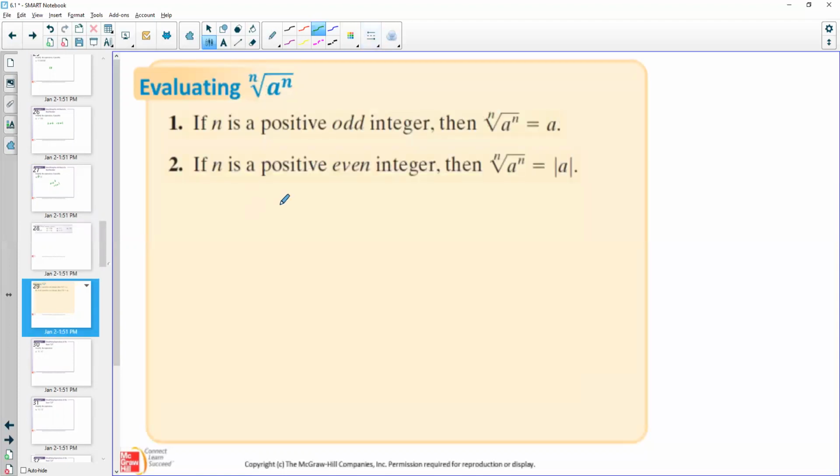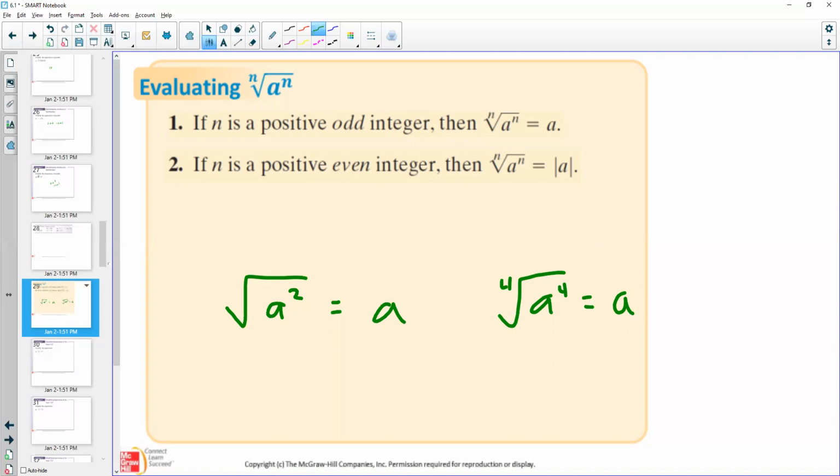All right. So if n is a positive odd integer, then the nth root of a to the n is a. So what this says is that if I take the square root of a squared, I get a. If I take the 4th root of a to the 4th, I get a, okay?